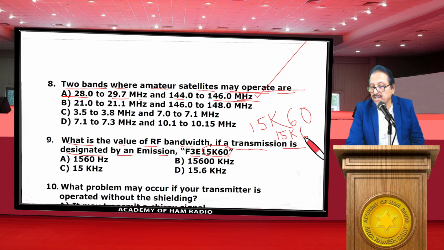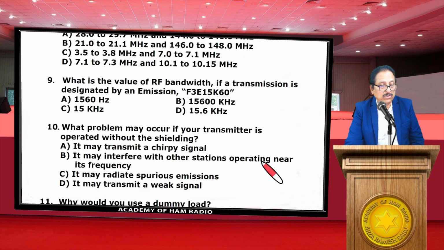In bandwidth related questions, there won't be any value after K. There won't be any value for 0; you can strike it off. So it becomes automatically 15K6. So the option is 15.6 kilohertz. Delta is the right option. Question number 10.